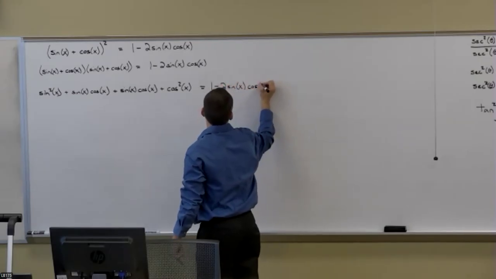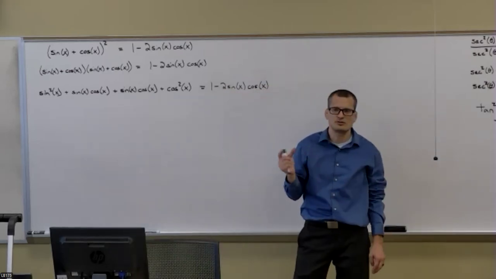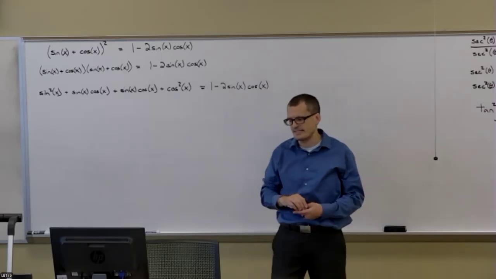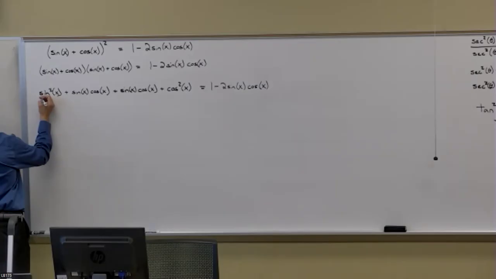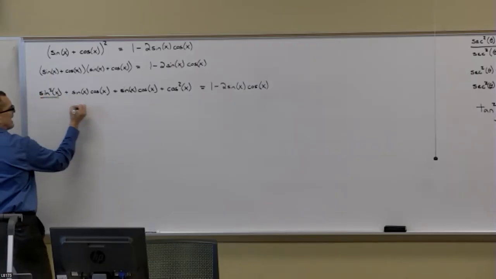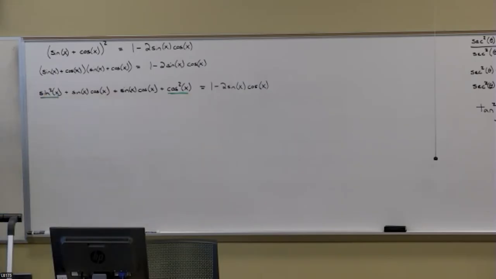Now you can do the next step in 2 parts. I'm going to kind of do 2 identities in one. I'm going to notice that on this left-hand side, I have a sine squared plus cosine squared. The Pythagorean identity can be applied to sine squared of x plus cosine squared of x. I know that is 1.